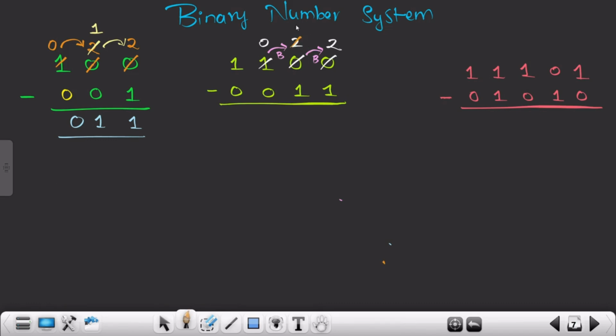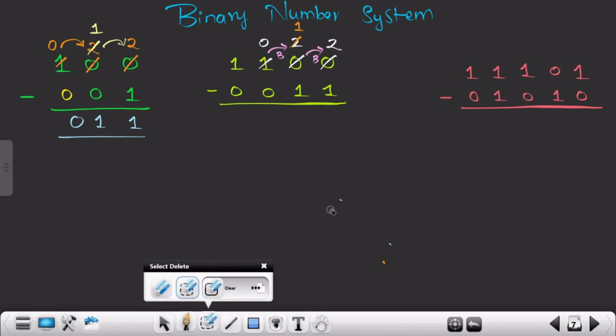Again, I am repeating: we made this 0 as 2 by borrowing one number from this 2, so I need to reduce it by 1. And what is 2 minus 1? We all know 2 minus 1 is 1. So your 2 got reduced to 1, and this 1 will remain as it is.